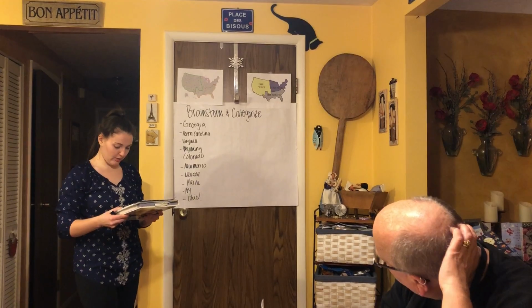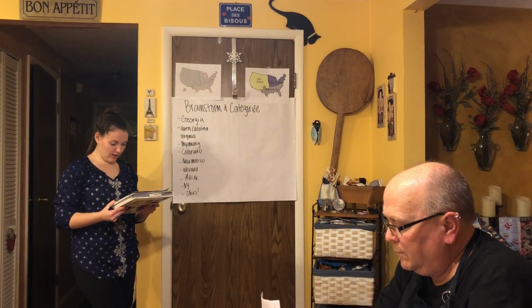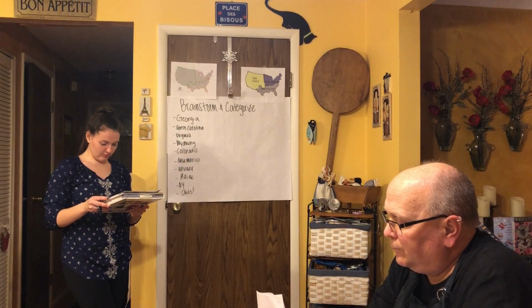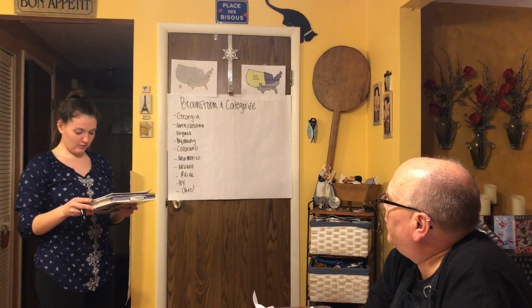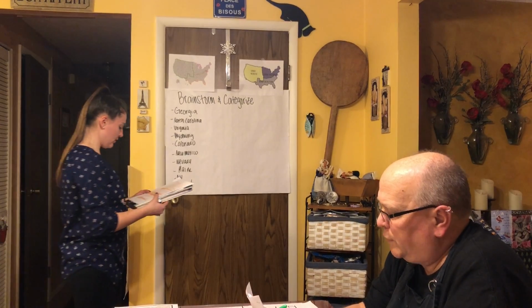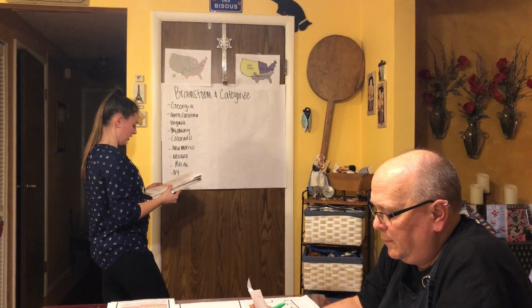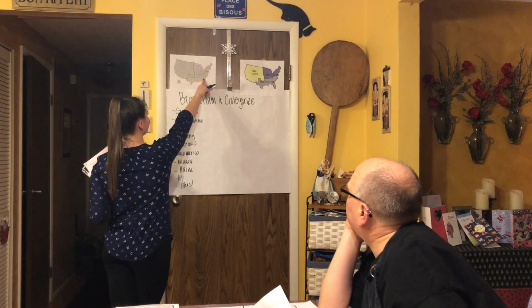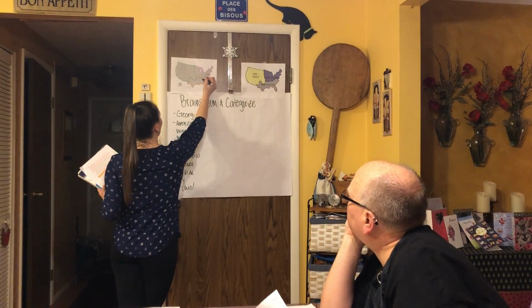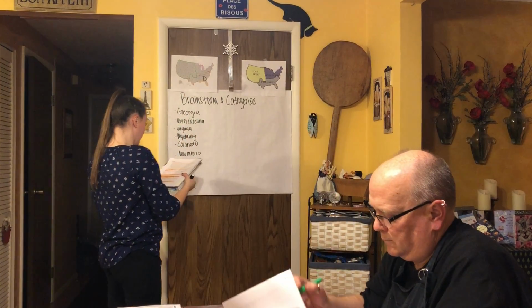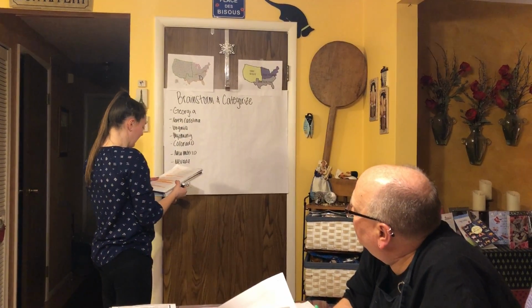What if we start with Georgia, the one that you wrote first? Where would we put Georgia? If you look at the map, Georgia's on the far right side. If you want to highlight on your maps where Georgia is, you can.